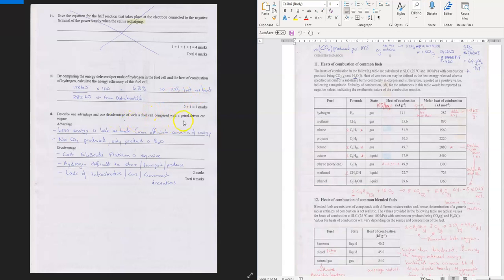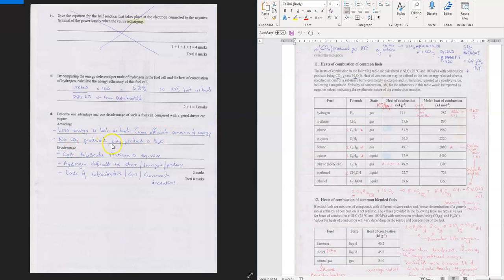When you're combusting, if you were to burn the hydrogen in a combustion engine, you would lose a lot more energy as heat. So describe one advantage: less energy is lost. For other sorts of fuels, like methane or methanol, in the fuel cell you lose a lot less heat compared with a combustion engine. So it's a more efficient conversion.